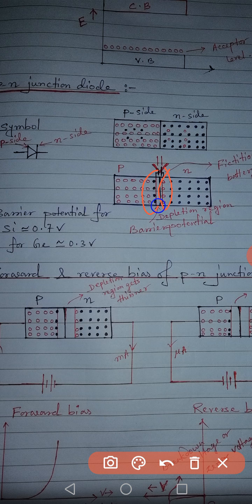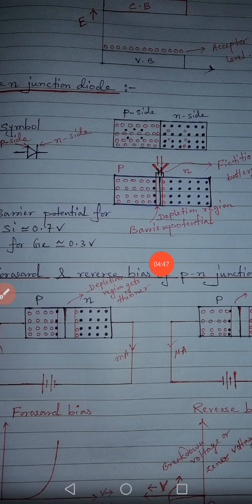Due to the movement of electrons, some electrons are gathered here, forming the negative part of what you can call a battery. We are assuming a battery here, it is not actually present, because this side behaves like the positive of a battery and this side behaves like the negative of a battery. This battery is called a fictitious battery.